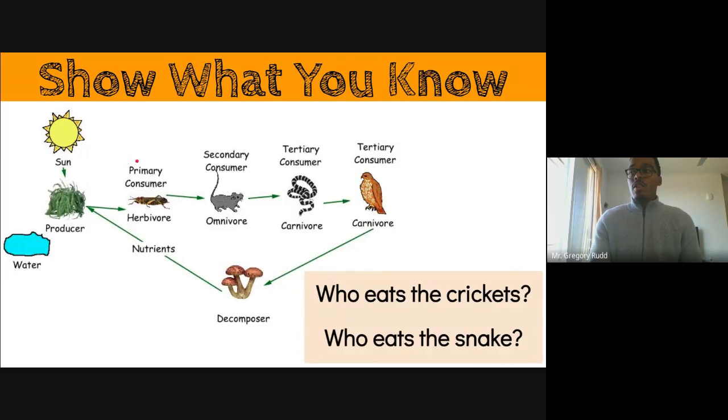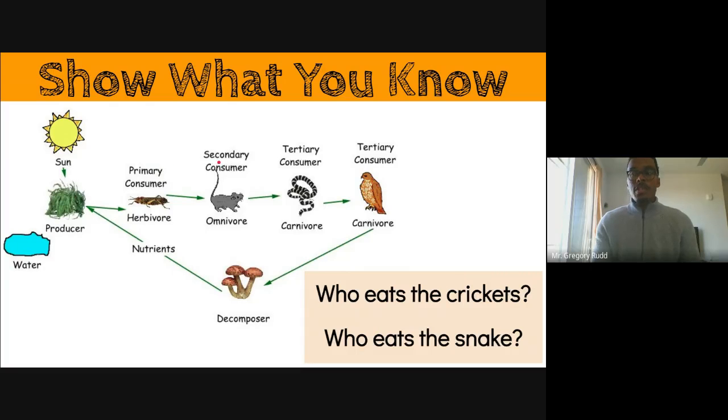Consumers, of course, don't produce their own food. They have to consume something else. A primary consumer consumes producers. They are the first level above producers. Okay, so this is why we use the word primary, because they are first. Primary consumers consume producers.